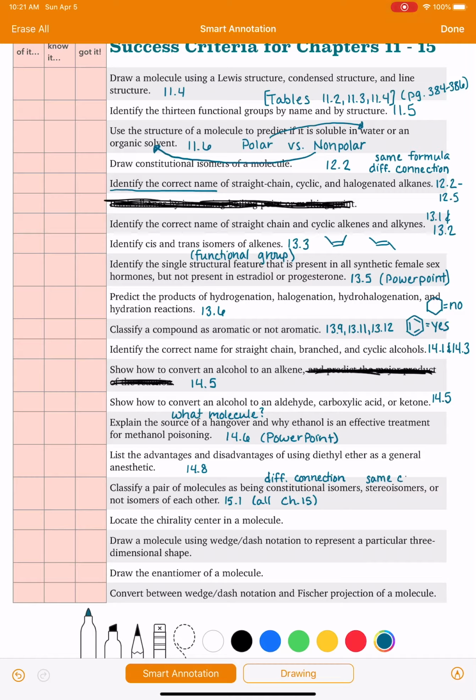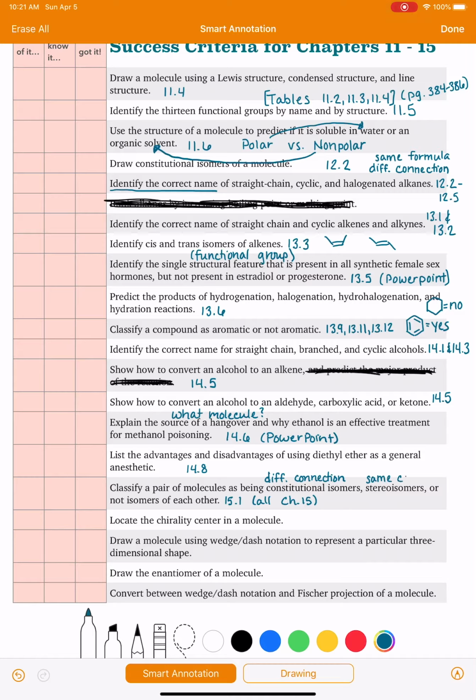Really, what I want you to understand here is that the wedge means that it is sticking up, and the dash means that it is sticking down. You're not going to be drawing anything because you can't hand me a piece of paper and have me grade it. So you're not going to be drawing anything on this test, but being able to understand what the wedge means and understand what the dash means.